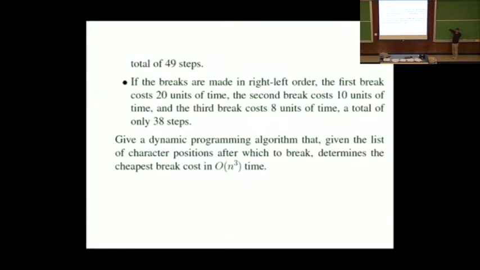If I've cut it here, it's 10. Does everybody see that? And the next one would be cutting it at the last spot. That piece was of size 8, so that cut is going to cost 8. Am I right? So doing it that way would cost us 38.